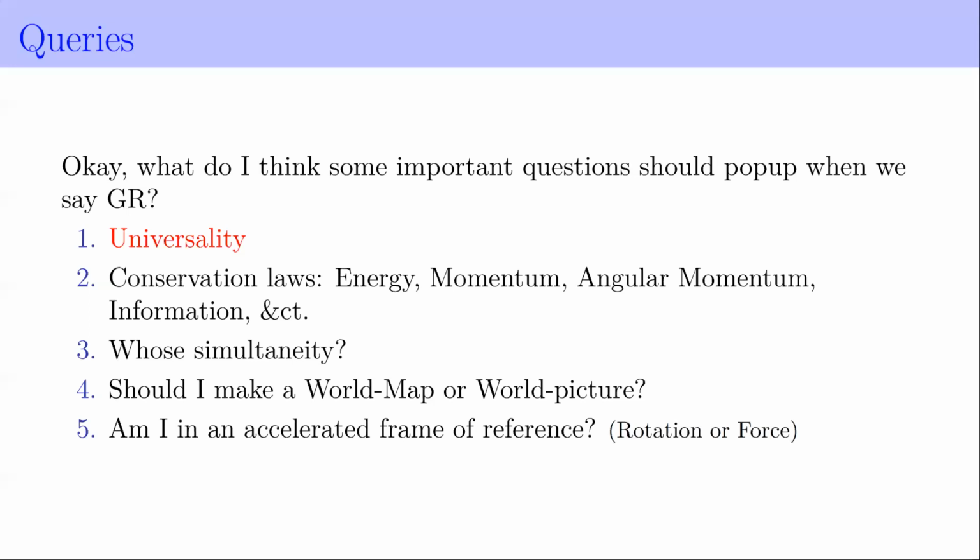Who is the observer that we're talking about when we talk about simultaneity? Should I use a picture of a world map or world picture? Am I in an accelerated reference frame, rotation, or force of some kind? So these are all things that you need to think about.